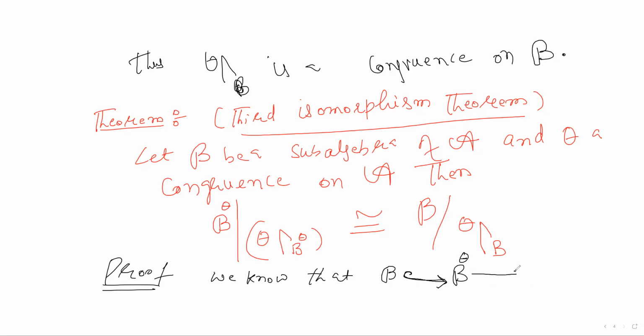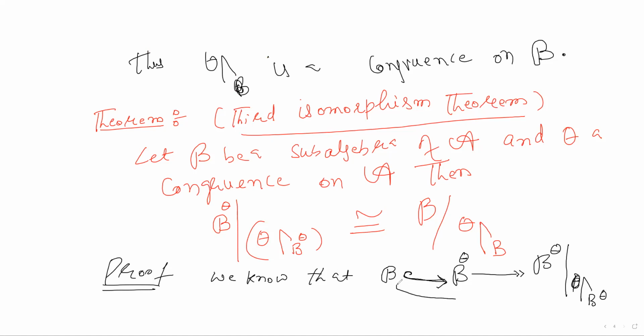And from B theta to the quotient B theta over theta restricted on B theta, we have the natural projection.